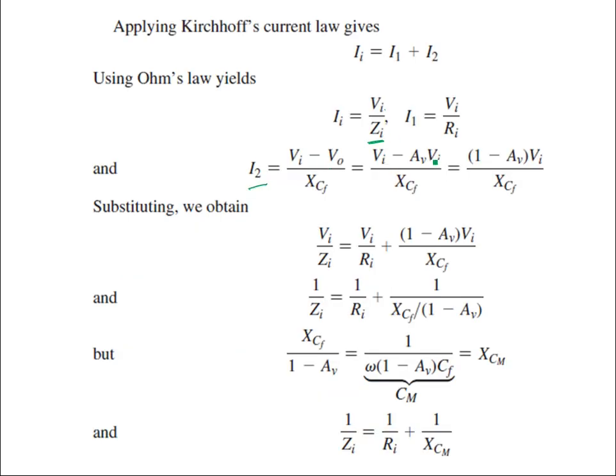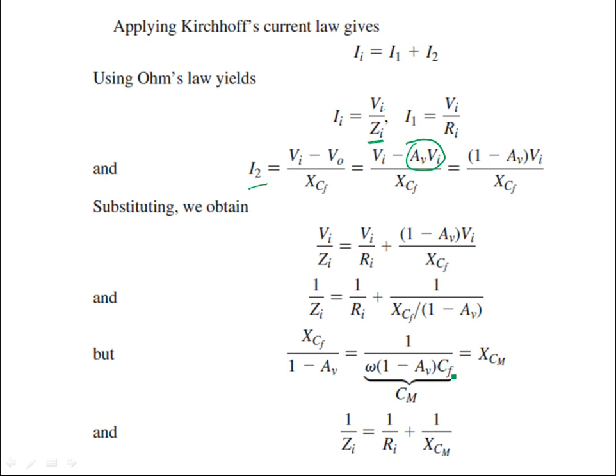So this will give you V0 as AV into Vi. AV is a voltage gain, and finally you get an expression 1 minus AV into Vi by XCF. And again, if you simplify or divide by Vi, you get 1 by Zi is equal to 1 by Ri plus 1 by XCF divided by 1 minus AV. Now XCF by 1 minus AV, you are representing it as 1 by omega 1 minus AV into CF.